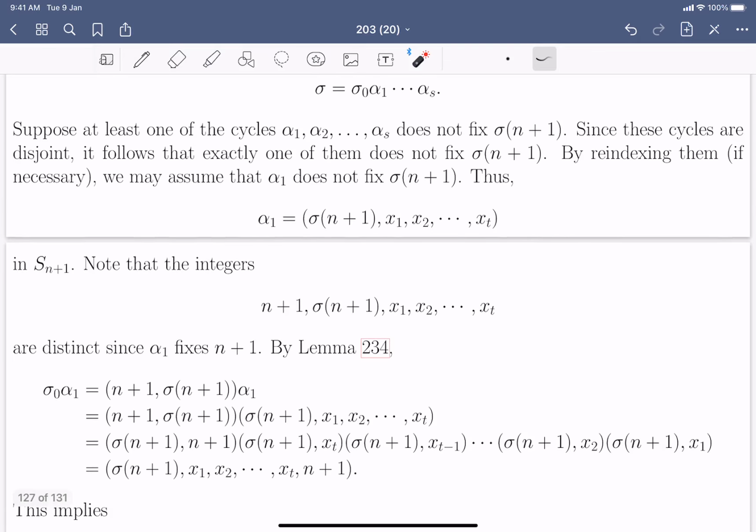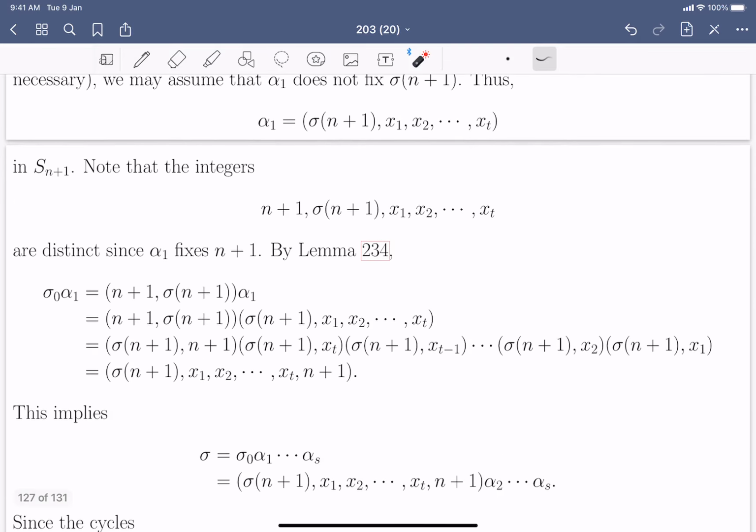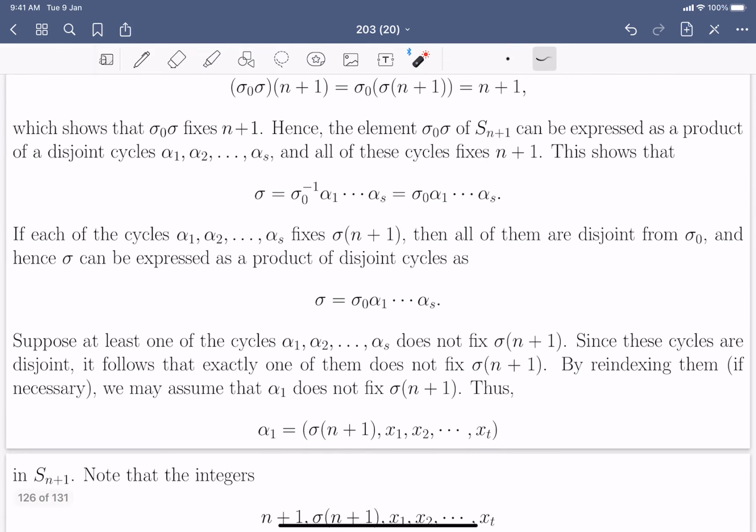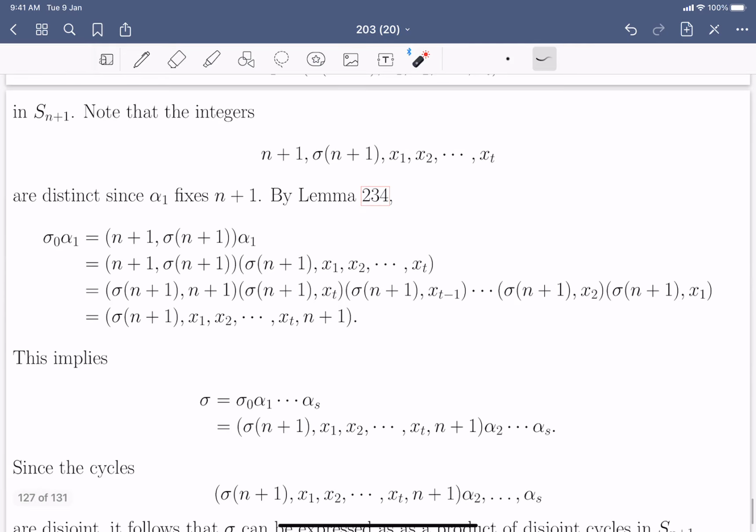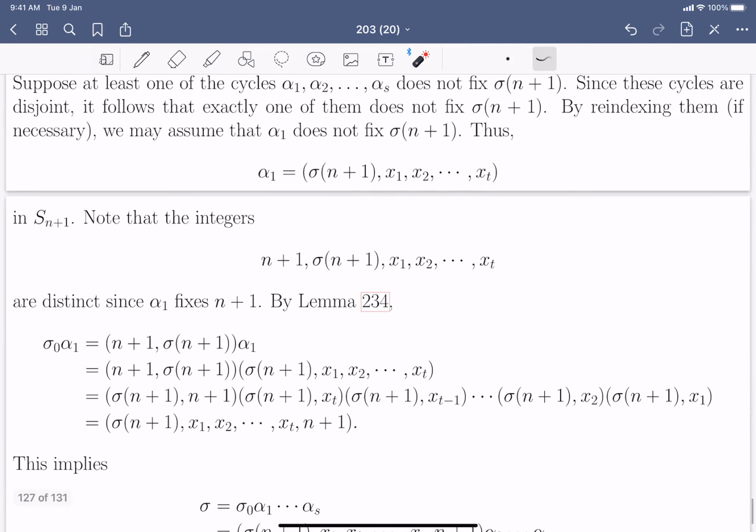Okay, great. And so then we look at the permutation that you have started with, sigma naught sigma. So sigma naught sigma is equal to sigma naught alpha 1. So sigma naught alpha 1 is n plus 1 comma sigma n plus 1 and then alpha 1, and then we can write alpha 1 equal to the cycle by our choice.